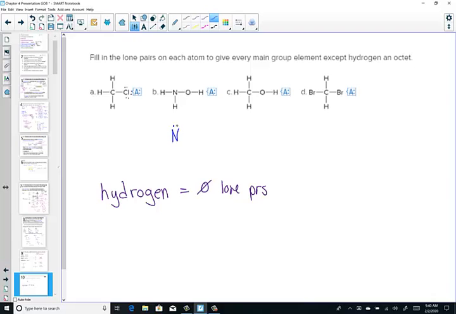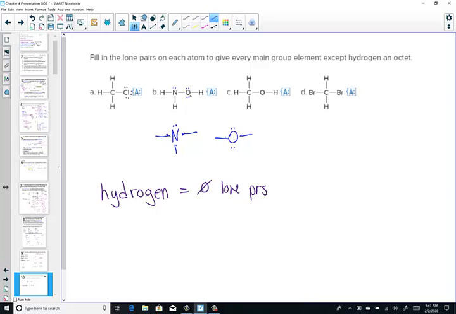A moment ago we said nitrogen in group 5A has spots for 3 bonds, but to complete its octet, it needs a set of dots up there. Now it has 8 electrons. Next door to that is oxygen. We said oxygen lives in group 6A. There's its 6 dots. It has room for 2 bonds, which I can see there, but it's missing its lone pairs.